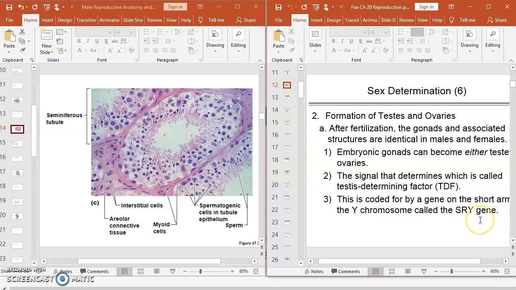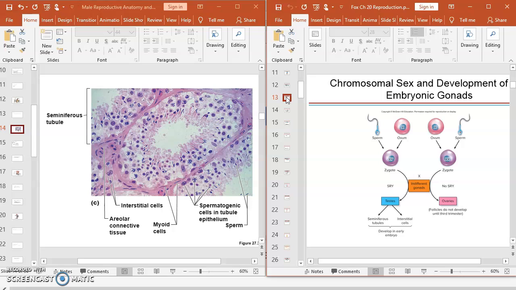It's sex-determining region Y. And that particular gene produces something called testes determining factor. Testes determining factor is important in changing the development of a female to a male, basically, to say it in some way. And of course, all of this is due to hormones and things that are produced. Okay?